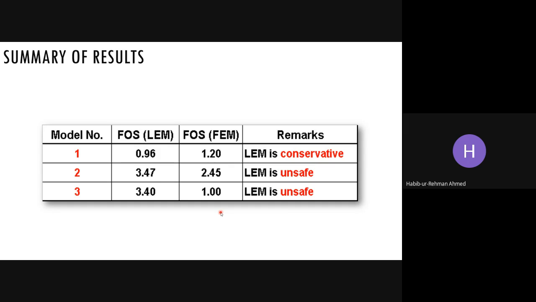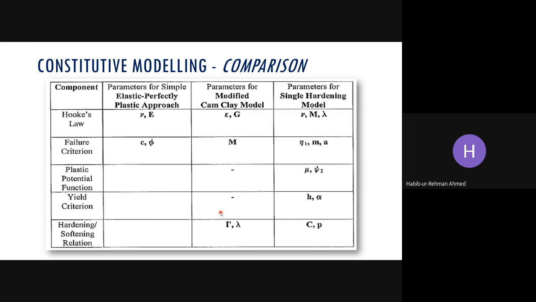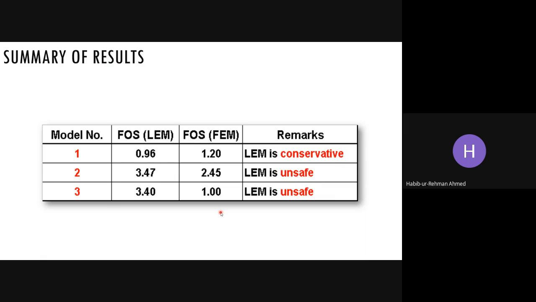Okay, so this is what is related with the case study, and as I mentioned to you before, there are different parameters. Now, the question always arises, so I'll give you an idea of what type of parameters are required for these mathematical models.